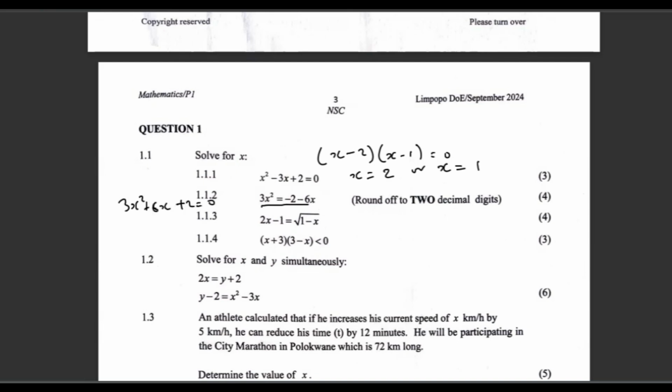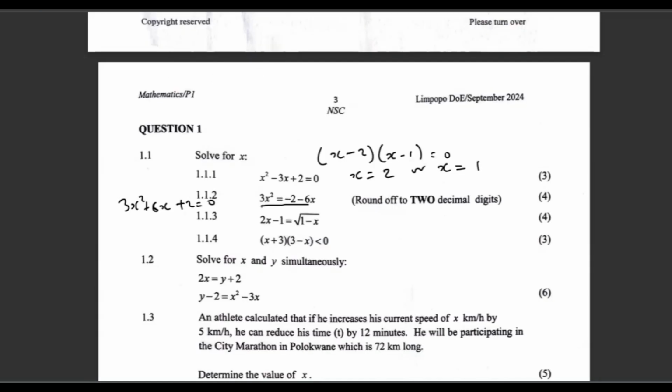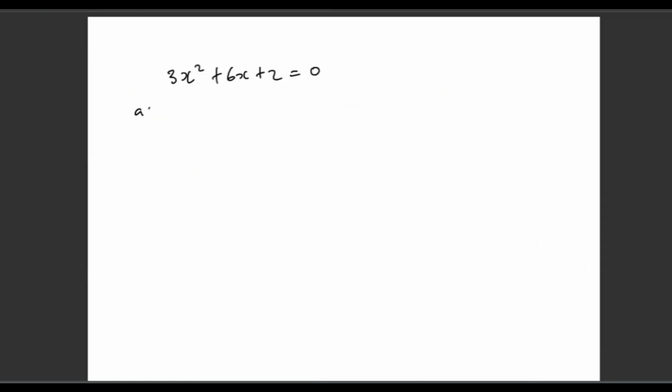Okay, let me just jot this down on this side. We're saying 3x squared plus 6x plus 2 is equal to 0. So my a is 3, b is 6, and c becomes 2.